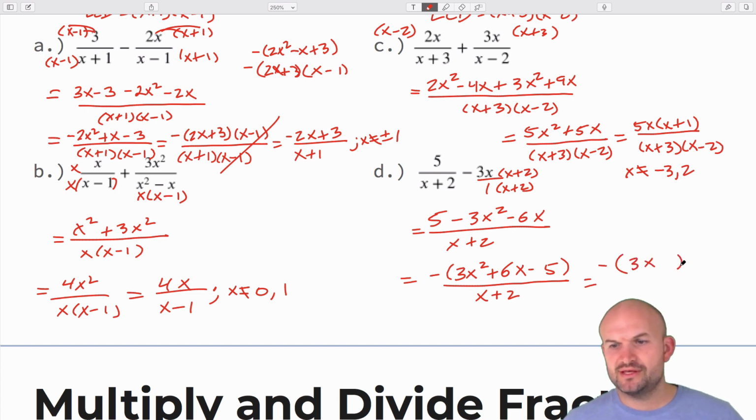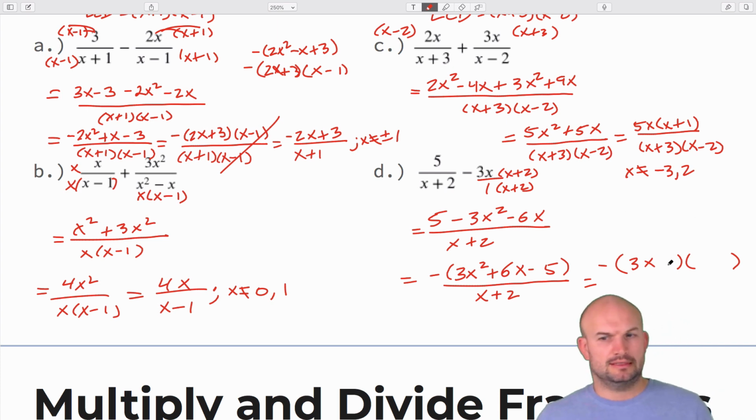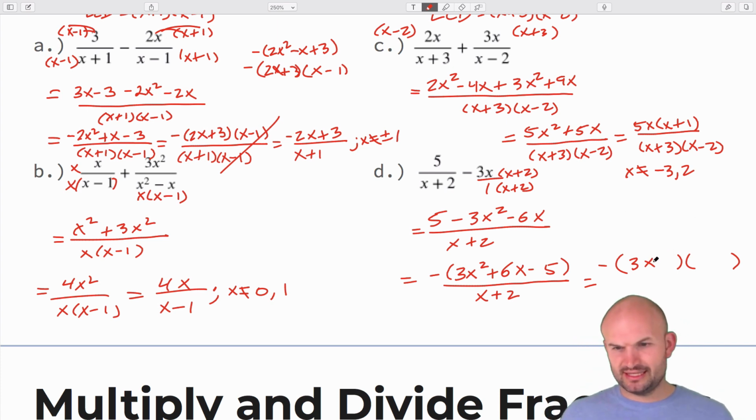So I know this is going to be 3x here and a 5. Two numbers that give you 5 are going to be 5 and 1. I can't multiply 3 times 5, that's going to give me a 15, so then it has to be a 5 over here. And I'm not seeing anything that's going to be factorable, especially with the 2. There's nothing that's going to divide out with the 2. So that's going to be my simplified answer.